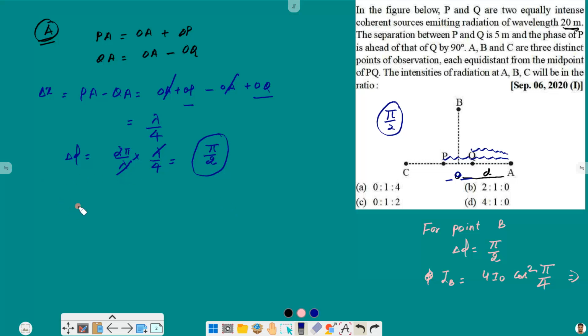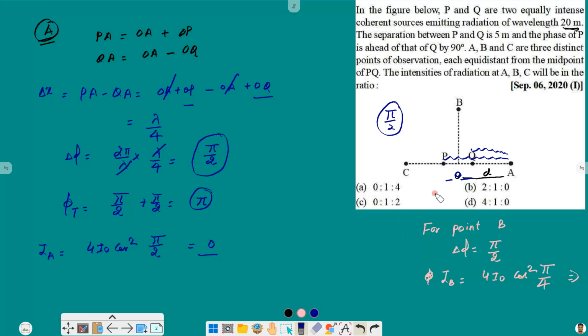So the total phase difference phi total, initially we had pi by 2, and now we have additional pi by 2, so our total phase difference will be equal to pi radian. And now if we find the intensity, the intensity at point A will be equal to 4I node cos square of phi by 2, and this will give us 0.